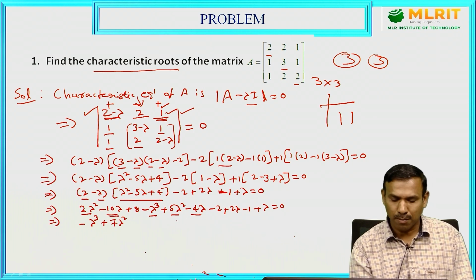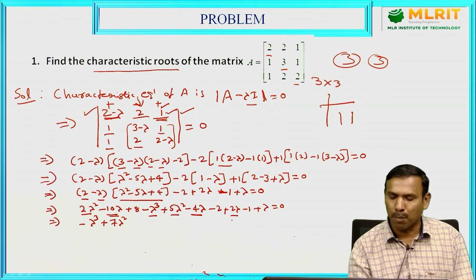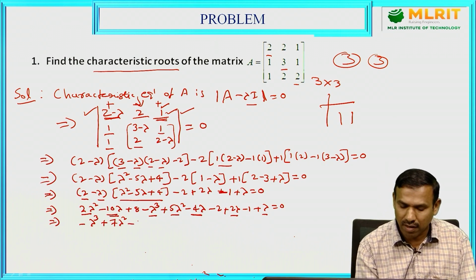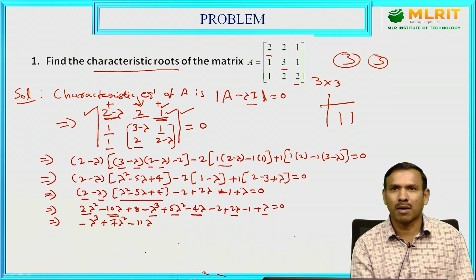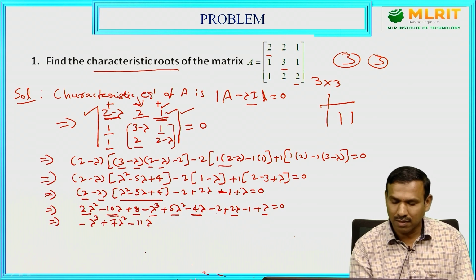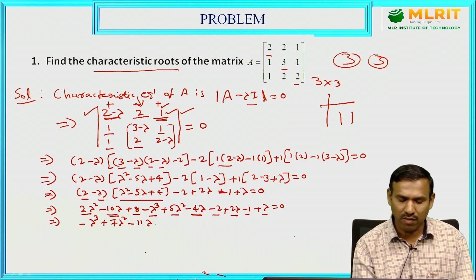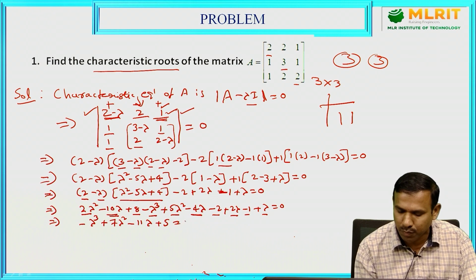Minus 14 lambda plus 2 lambda is minus 12 lambda, plus lambda, that is minus 11 lambda. To simplify lambda terms, add and subtract the coefficients, right? Next, constant term, 8 minus 2 is 6, minus 1, that is plus 5, is equal to 0, right?